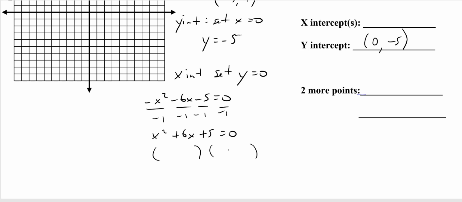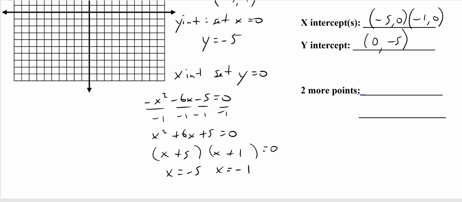That's cool. Because it's a 6, it's going to be x plus 5 and x plus 1, right? 5 times 1 is 5, 5 plus 1 is 6. So you get x equals negative 5 and x equals negative 1. Okay, cool. So those are your x-intercepts, negative 5, 0, and negative 1, 0.